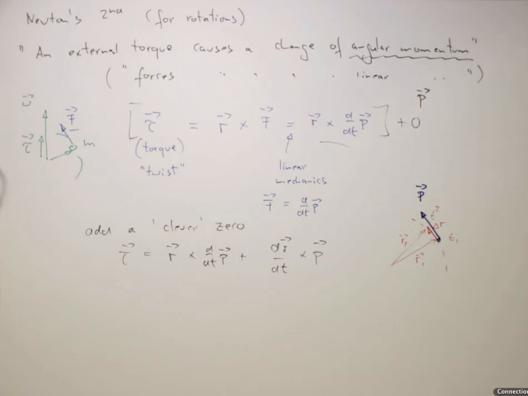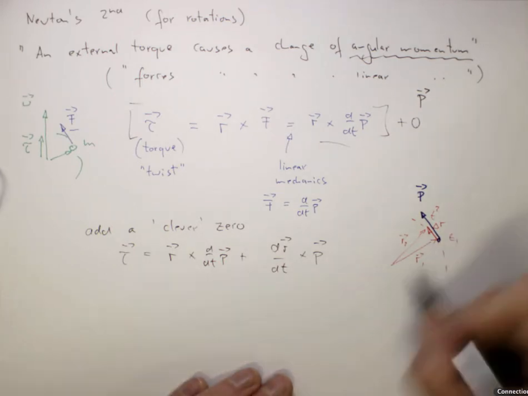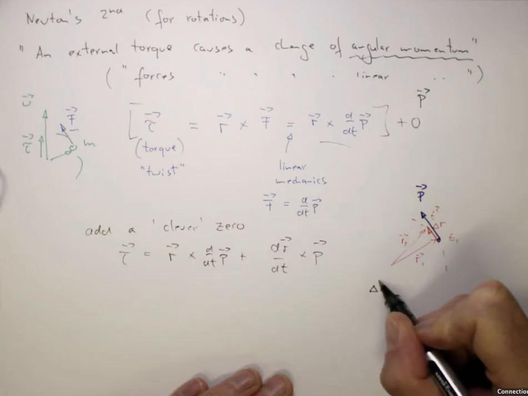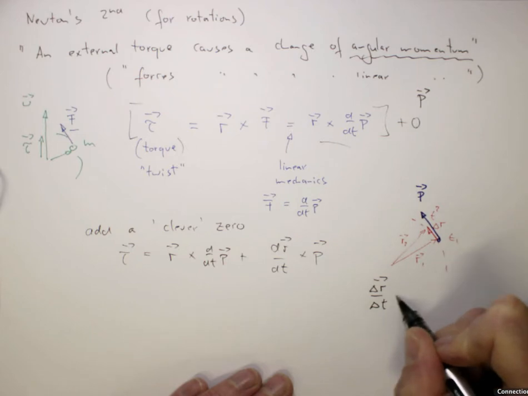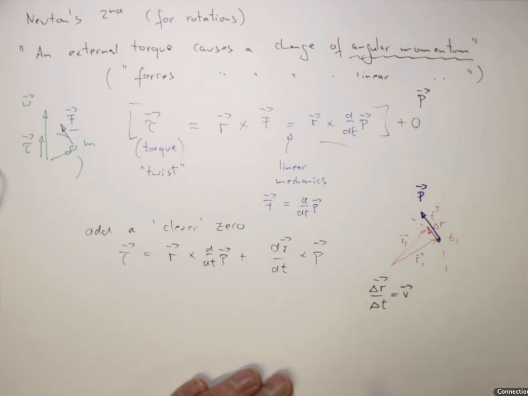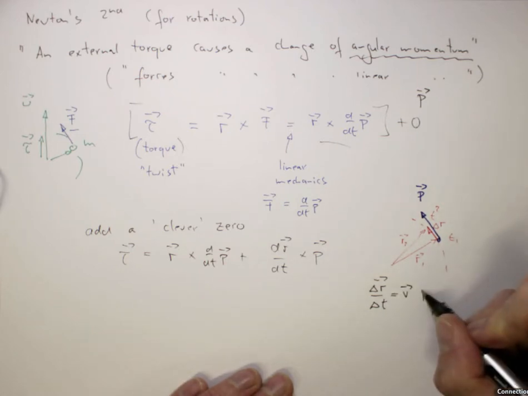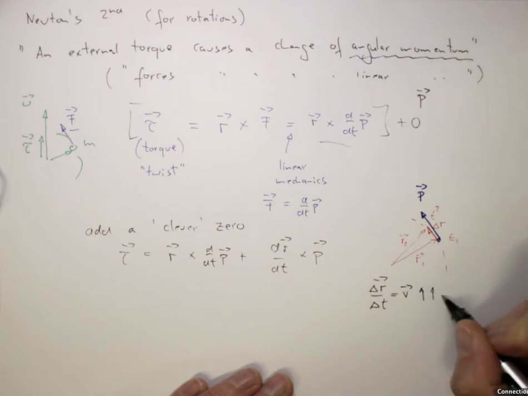So that means the delta r vector, and therefore also delta r on time, which is equal to v, the velocity vector, is parallel to the momentum vector.